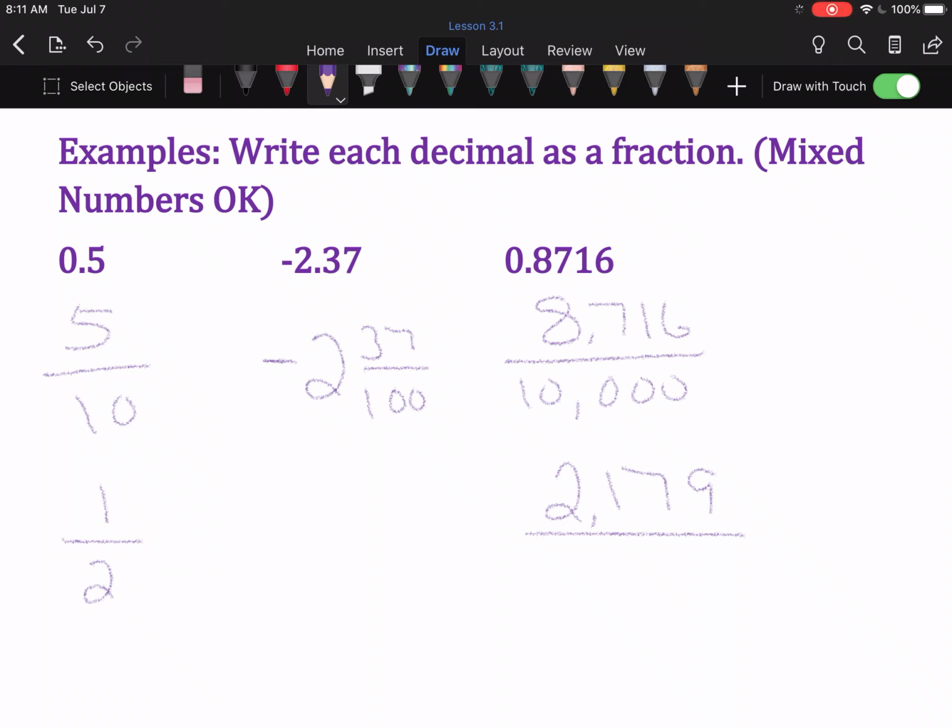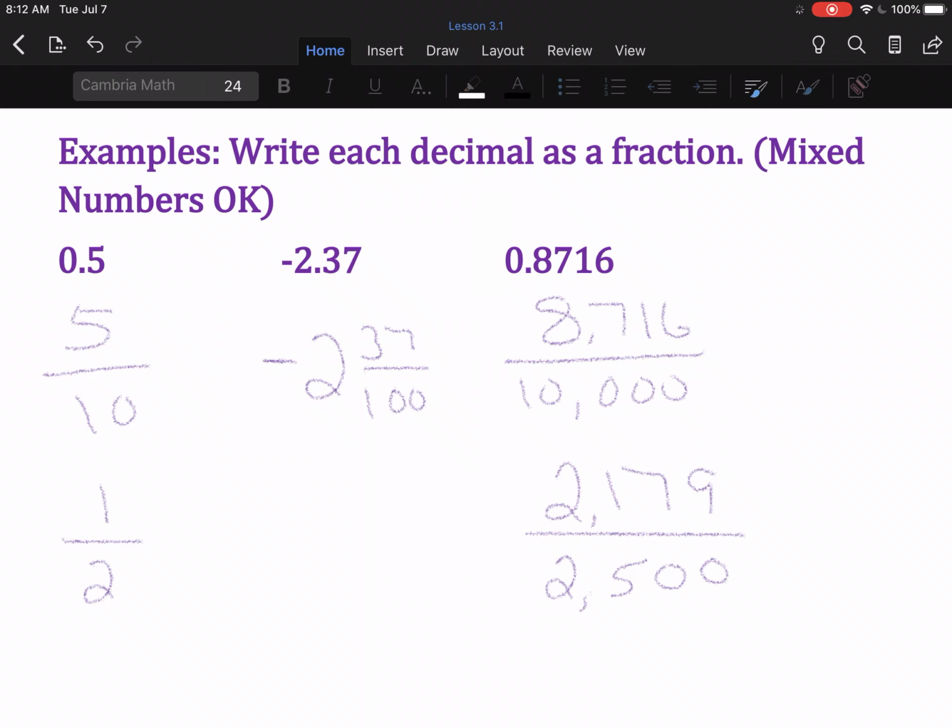I'm thinking that's not going to play nice with anything. 10,000 divided by 4 is 2,500. My instinct is to say that this is done, because I can't imagine 2,179 dividing cleanly, and it does not. 2,179 over 2,500 is the simplified form. No, I don't envision giving you many problems that rough on an assignment or a quiz.